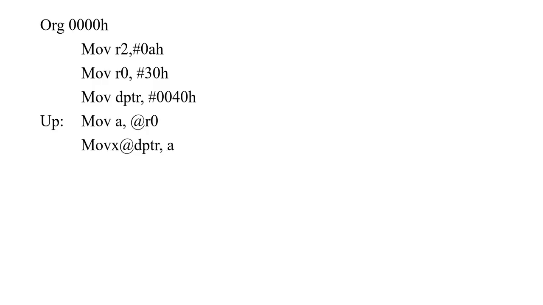The next instruction is MOVX @DPTR, A. After MOVX there should be a space. Here it will move the value in the accumulator A to the external RAM address pointed by DPTR.